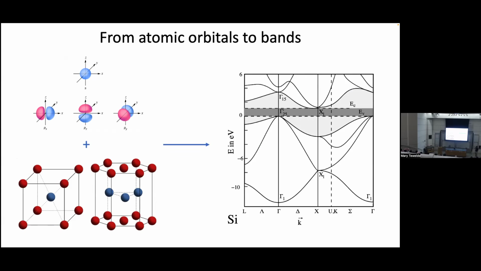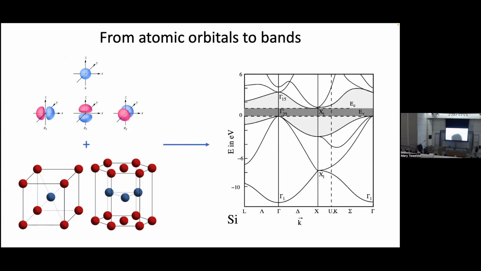And just by considering what happens when you have a single electron moving through this periodic potential that's created by the lattice of atoms, you get out a band structure that tells you the kinetic energy of that electron as a function of its momentum.